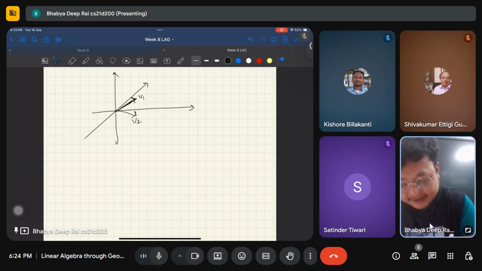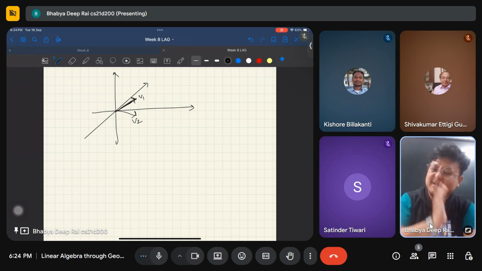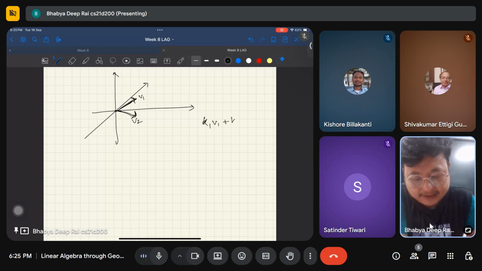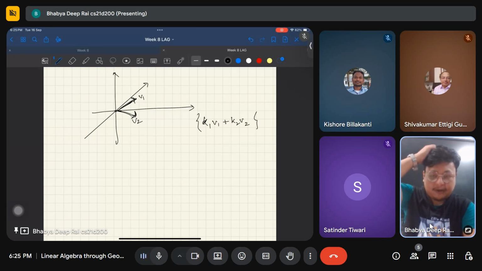What happens if I take the set of all linear combinations? Geometrically, what is the interpretation? If I take k1 times v1 plus k2 times v2, this set of vectors, geometrically, how will it look?